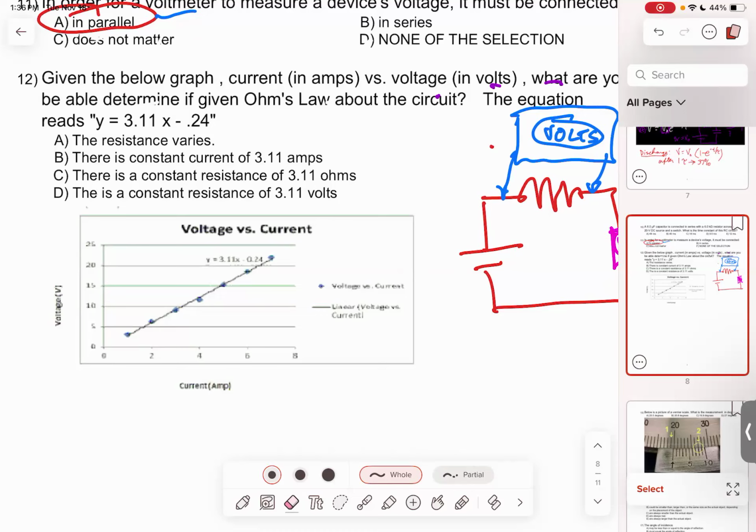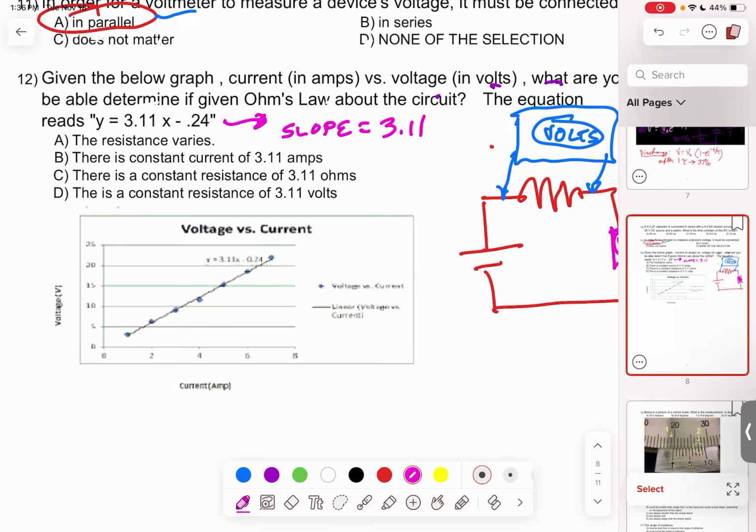What you should be able to discern here is that it looks like a line, and it has a slope. I won't use M. So the slope based on this line format is 3.11.